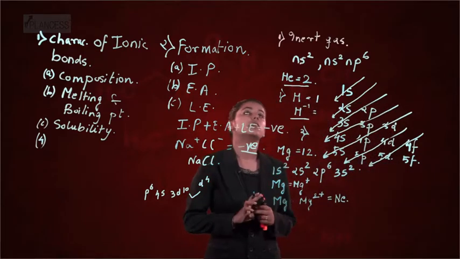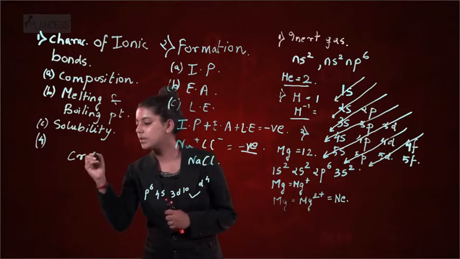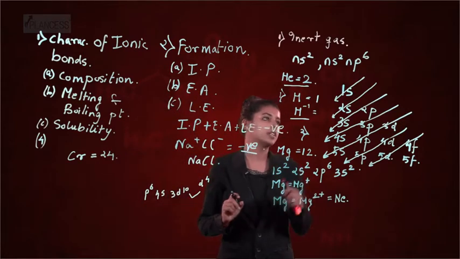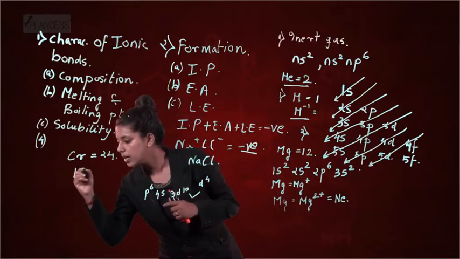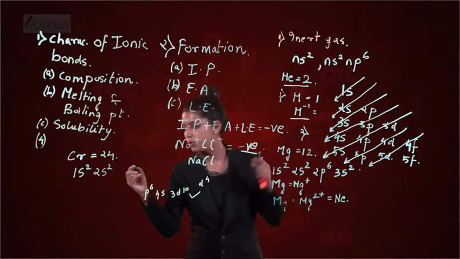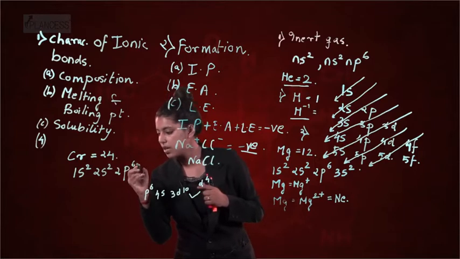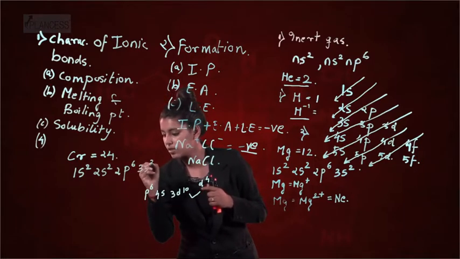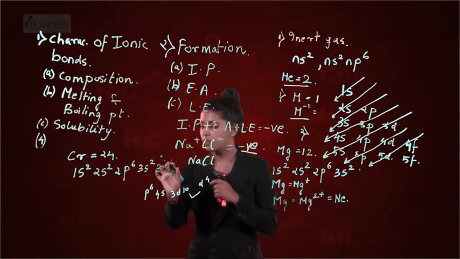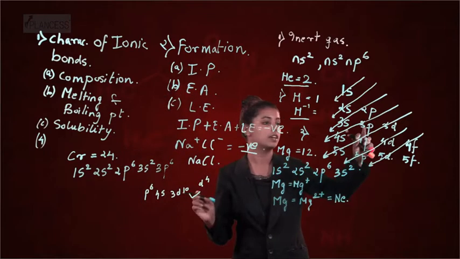Next is exceptional configuration. For example, it is chromium. Chromium, having the atomic number of 24, has its electronic distribution as 1s2, 2s2, 2p6, 3s2, 3p6. So the number of electrons firstly is 6 plus 6, 12, 13, 14, 15, 16, 17, 18.